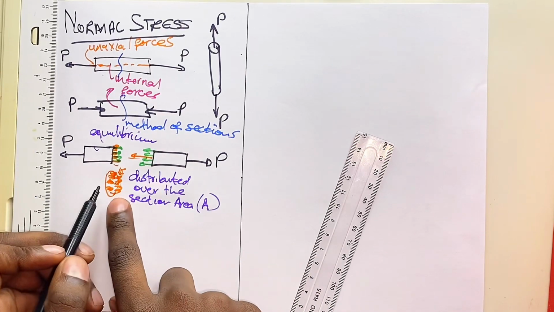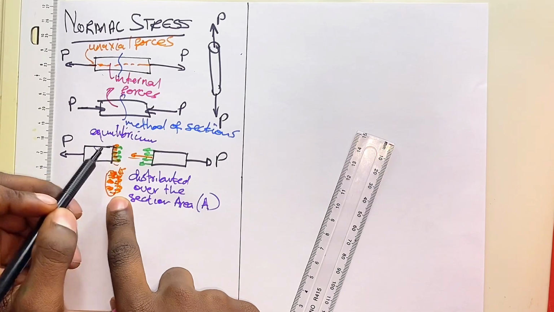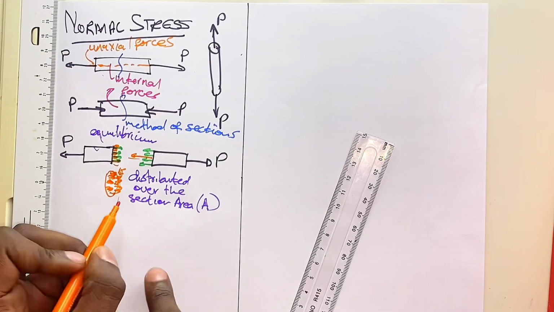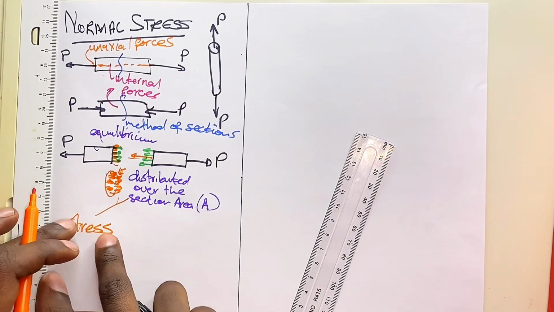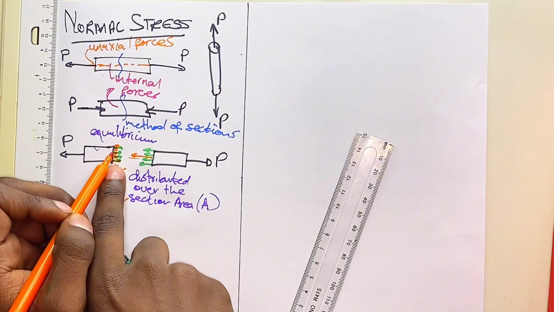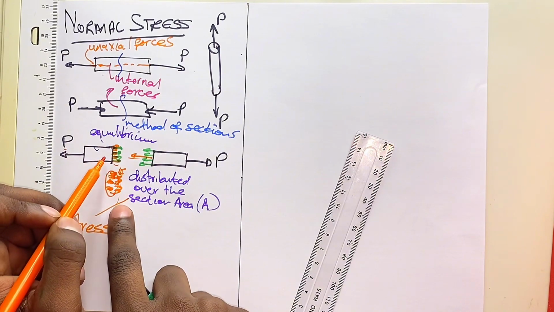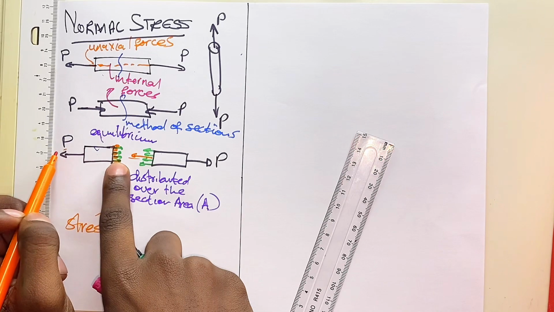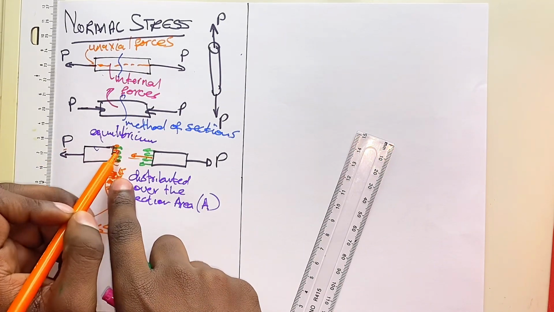What we focus on instead is to look at the stress on that cross-sectional area. Now, what we call stress, we are basically talking about the intensity of this force on this area. The more force you have, the more intense the effect will be on this area.